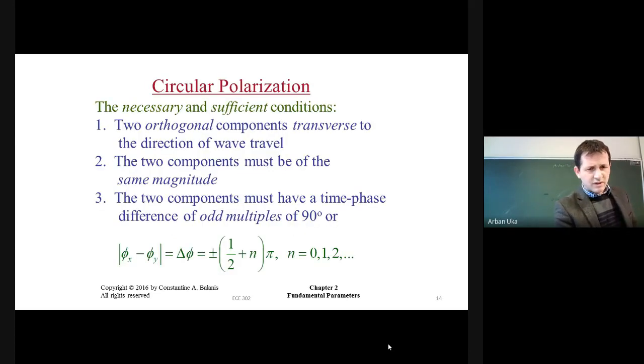Circular polarization. Now the components of the orthogonal directions are on the plane orthogonal to the direction of the k vector. If we have any k vector, we have a plane perpendicular to the propagation.